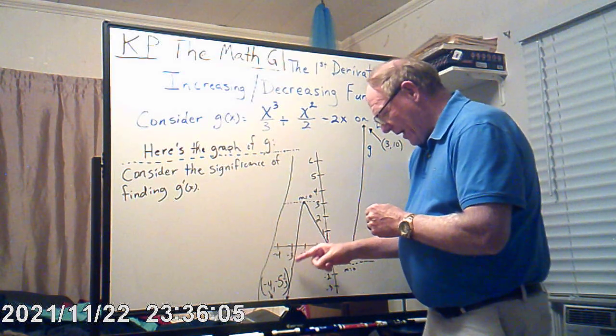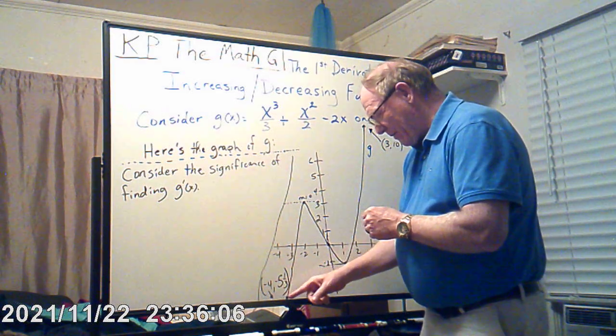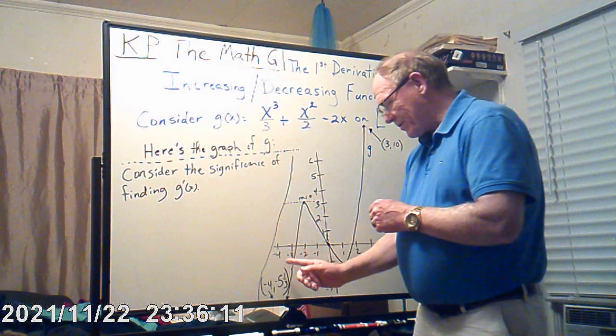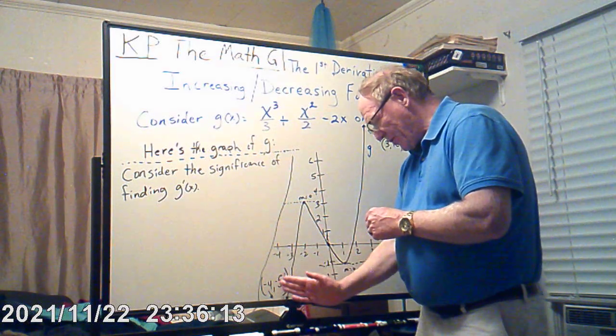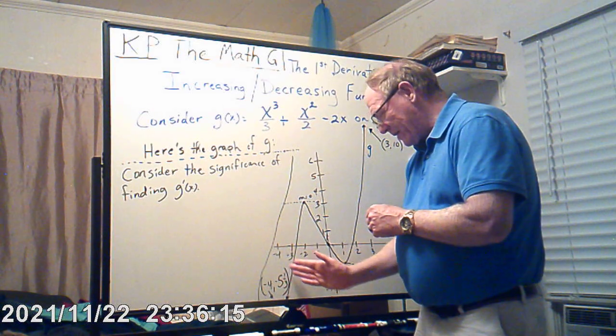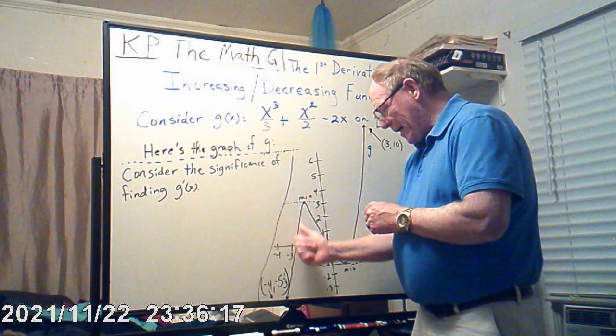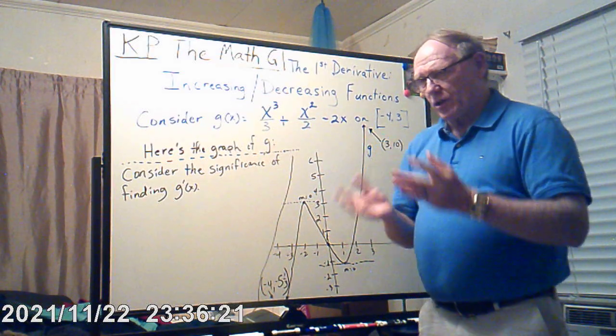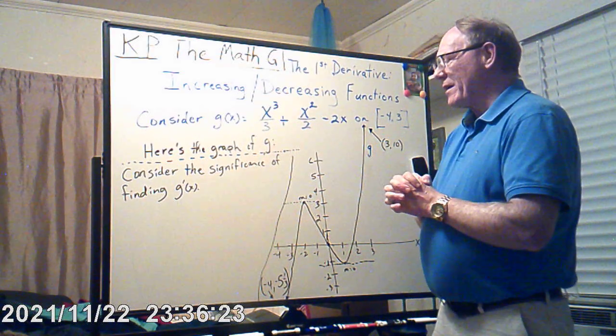Starting at x equals negative 4, we notice that the graph is constantly going uphill. This is nice, to have a little picture of the graph already drawn for you.